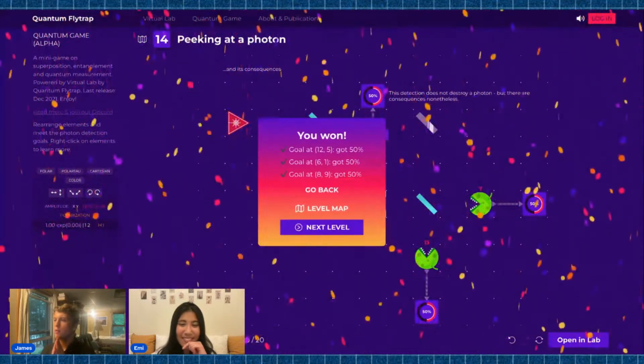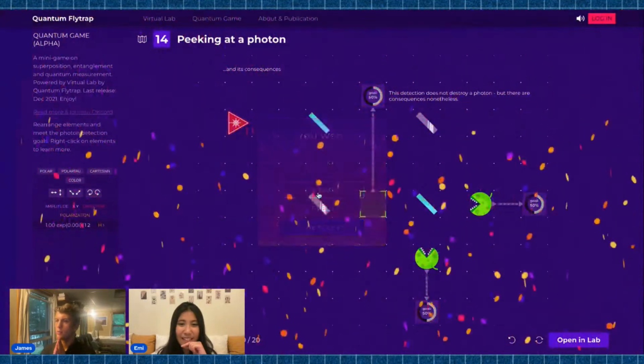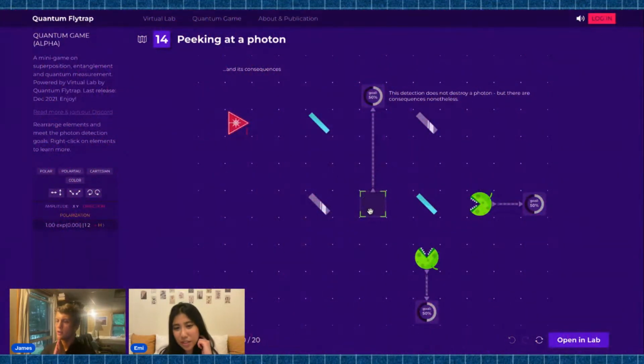Wait, so what happens if we don't put in that observation? If we don't put in this observation, then all of the light is going to be detected towards this right detector, because that's how its initial energy was directed. It was directed to the right. So we would see the photon diverge, converge, and then hit the right detector, which is not what we want.